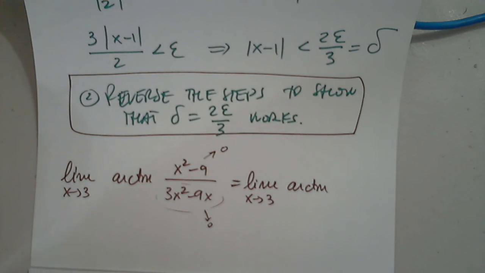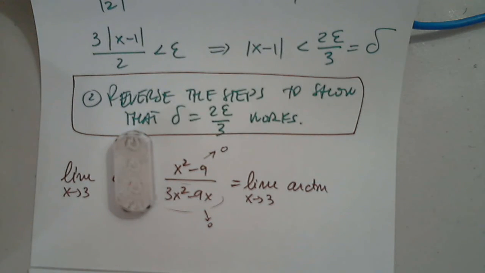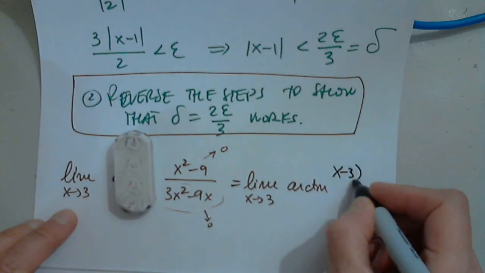By the remainder and factor theorems, when we plug in a number in a polynomial and we get 0, what does that mean? It means that x minus 3 is a factor in both of them.